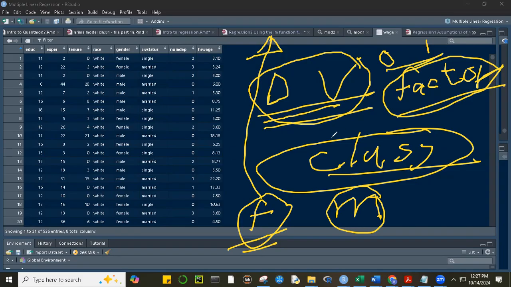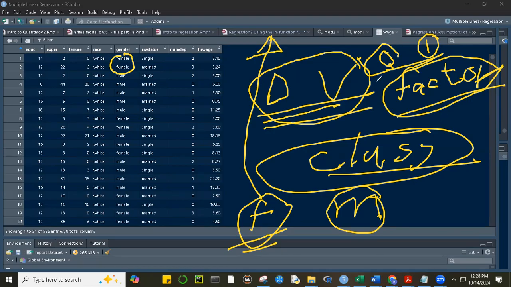So ano nangyari dito, class? Female appears first alphabetically. Diba? Kasi female and male lang. So female will now become your benchmark. So your benchmark, what value will it have? 0 or 1 class.